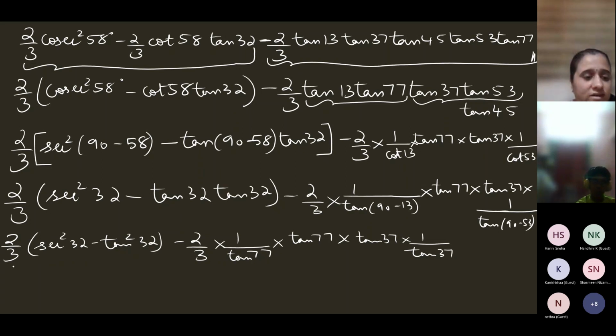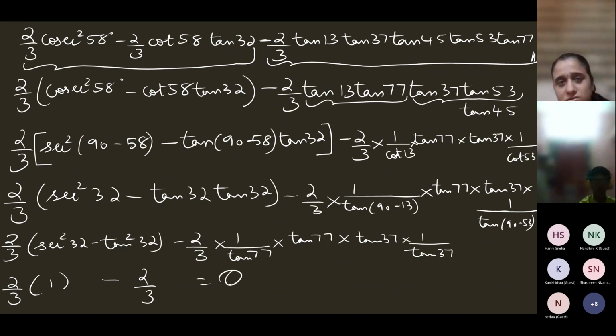You can see they get cancelled. And here secant square theta minus tan square theta is 1, and tan 77 and tan 37 get cancelled. So you have 2 by 3 into 1 into 1. So it's 2 by 3. So 2 by 3 minus 2 by 3, which is 0. So this way is also fine.